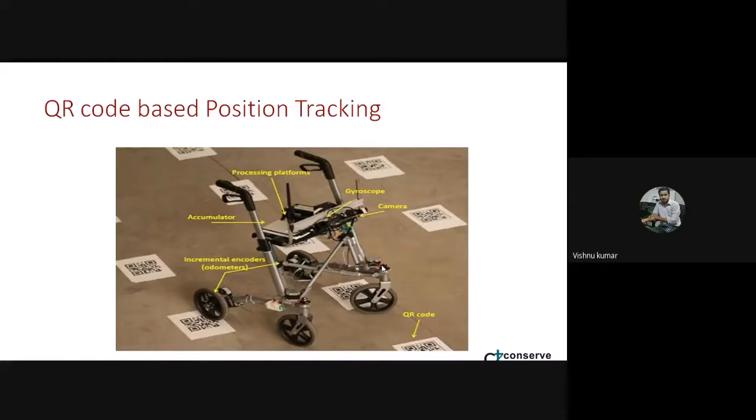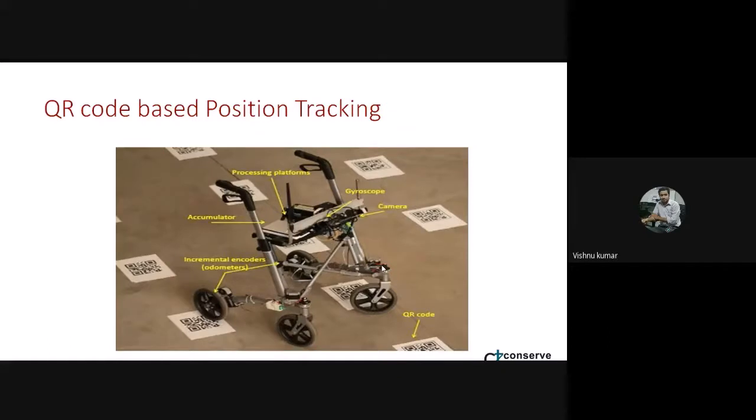A value is first encrypted, and while reading using a camera or a scanner, we get the value back; that is the process of decryption. The value is encrypted or hidden inside the QR image. For our application, we can use QR codes for position tracking.